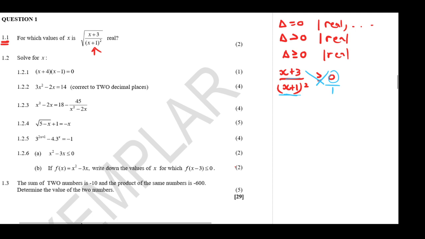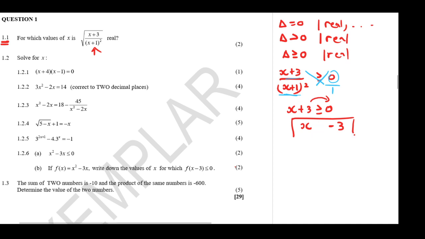You will remain with x plus 3 greater than or equal to 0. Then you transpose the 3 to the other side, and you have x greater than or equal to minus 3. So this is your solution for this problem, right? The values of x that give you real roots are when x is greater than or equal to minus 3.